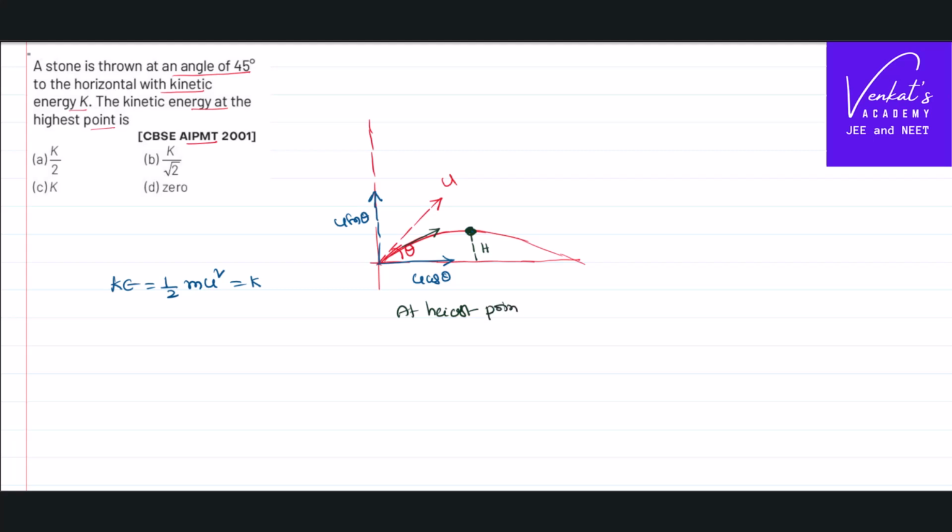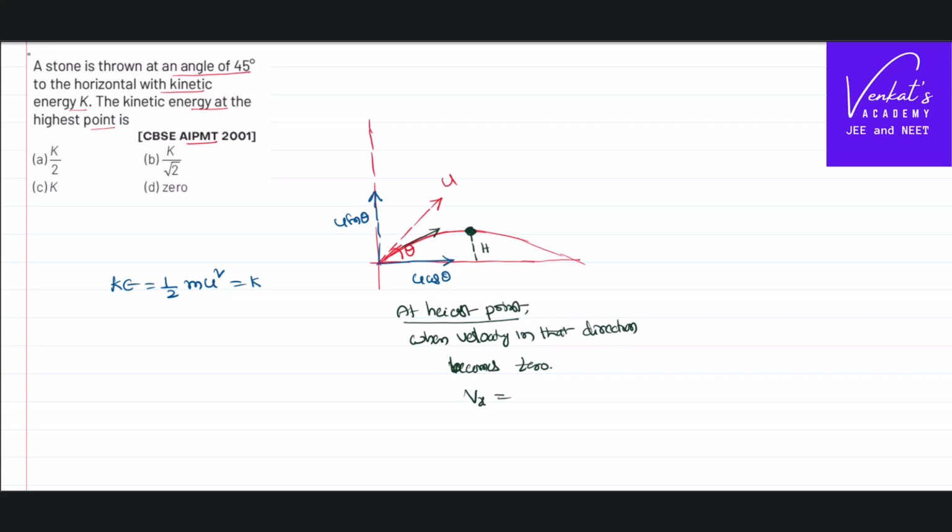A point becomes the highest point when the velocity in that direction, be careful, not the entire velocity, the velocity in the vertical direction, becomes zero.